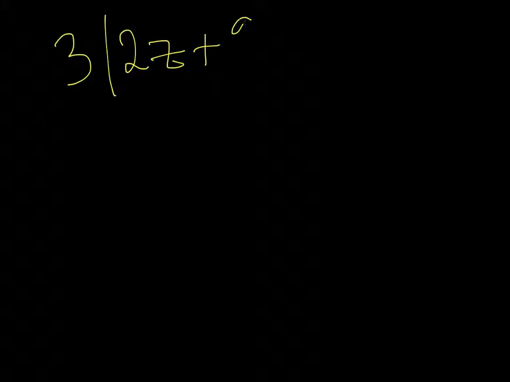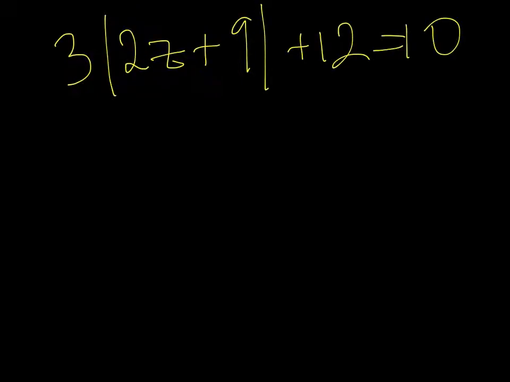Okay? Again, any equation that states that the absolute value of an expression is negative has no solutions. So let's look at an example. If we have 3 times the absolute value of 2z plus 9, plus 12 equals 10, and it just says what are the solutions? So we solve this for z, right? We're going to isolate the absolute value expression. This is the absolute value expression. The 3 is not a part of it, right?